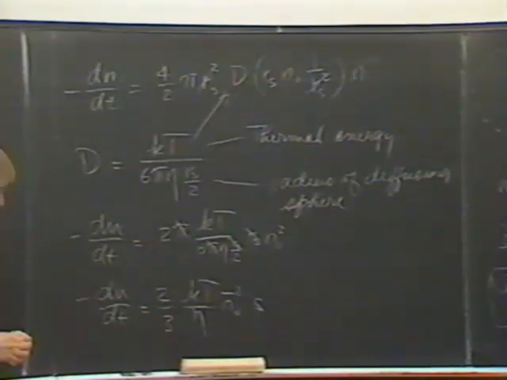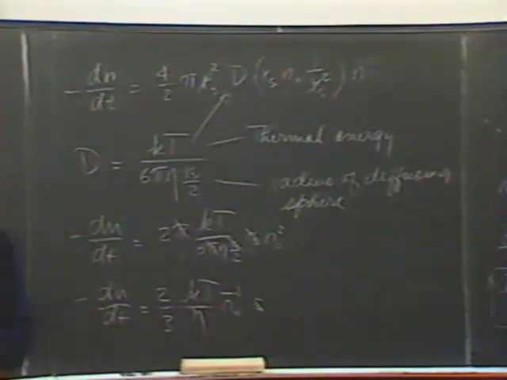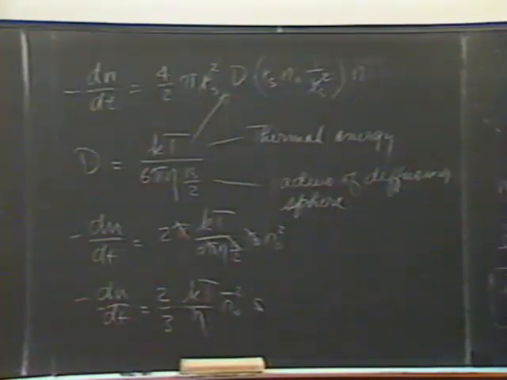What is the range of application of this formula? I mean, the concentration. For what concentration does this formula hold? What range of concentration? Oh, range of concentration? Yeah. Well, you brought that up the other day.